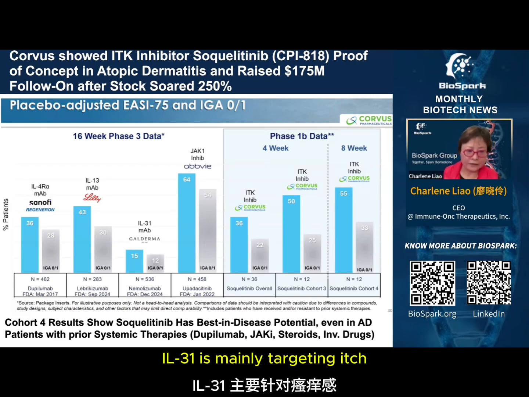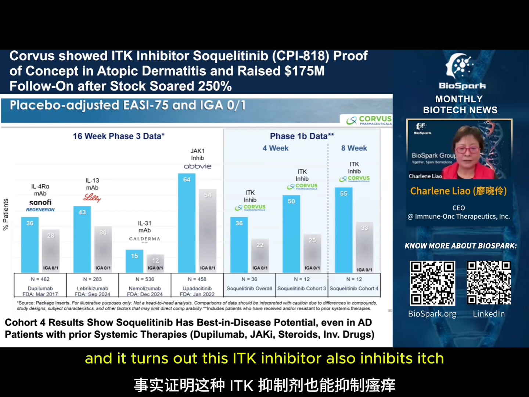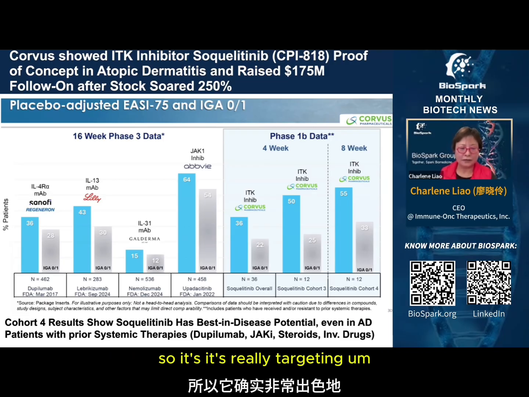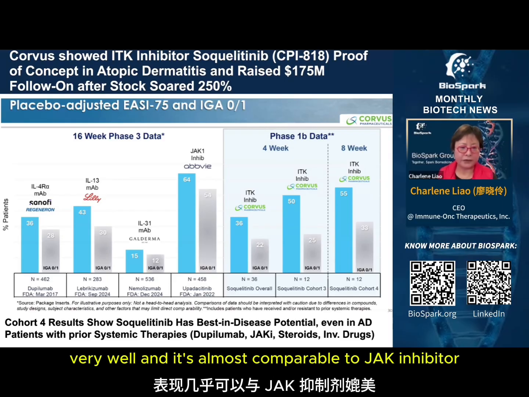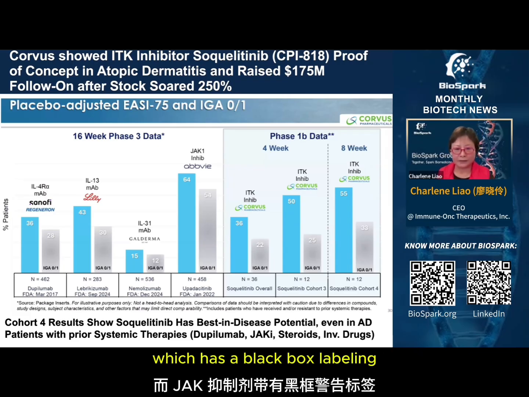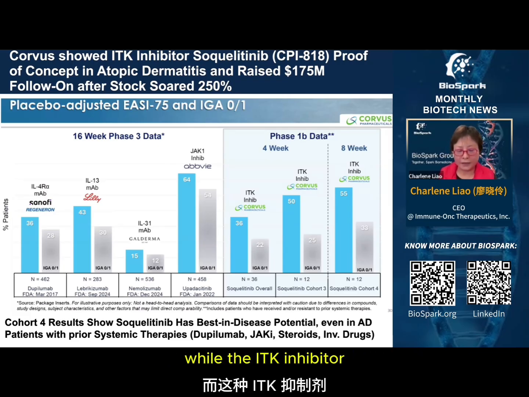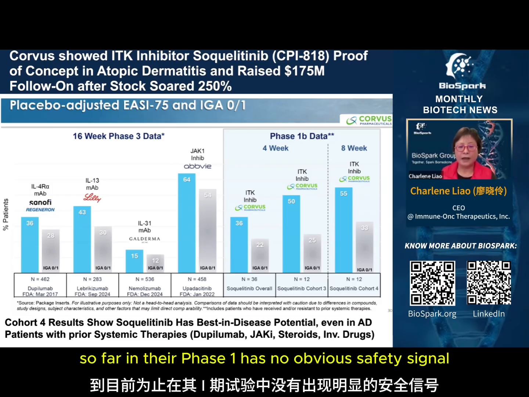And then IL-31 is mainly targeting itch. And it turns out this ITK inhibitor also inhibits itch. So it's really targeting the type 2 inflammation very, very well. And it's almost comparable to JAK inhibitor, which has a black box labeling, while the ITK inhibitor so far in their phase 1 has no obvious safety signal.